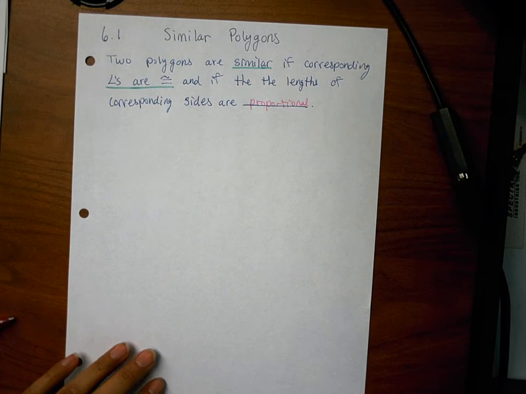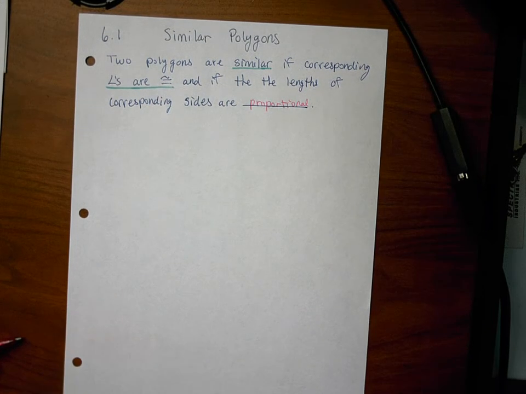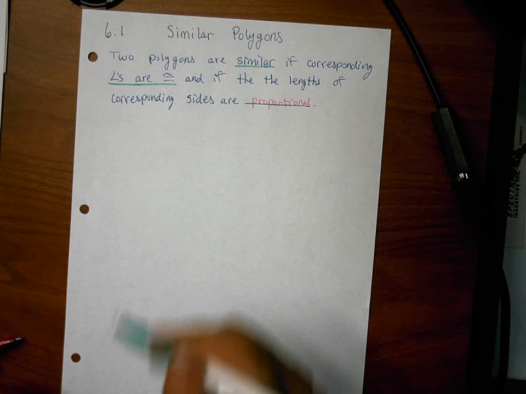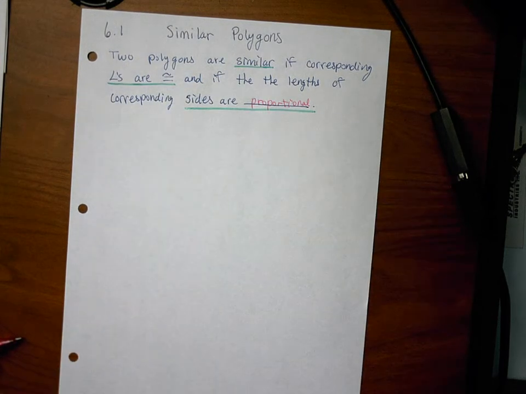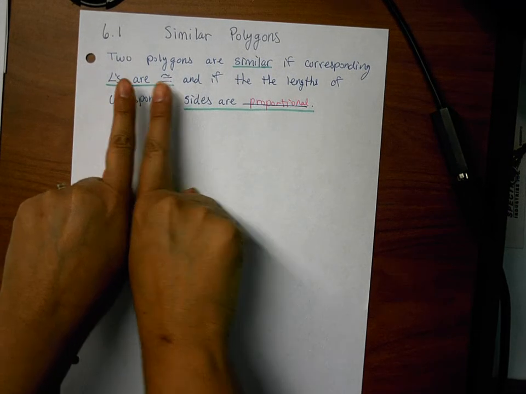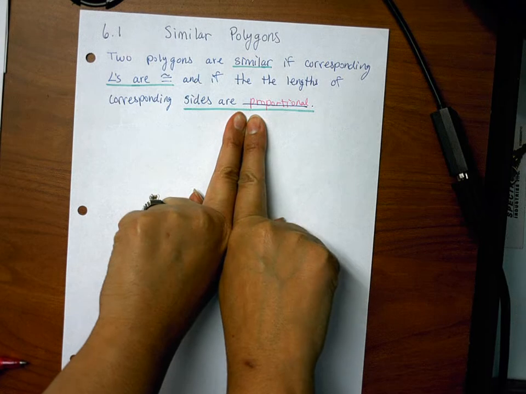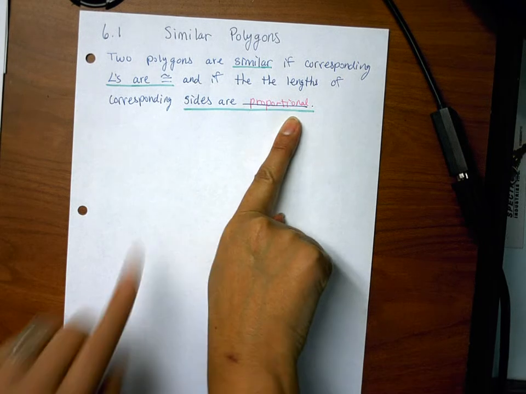So corresponding side lengths are not congruent, they are proportional. And that is important to understand. When you're dealing with similar polygons, corresponding angles are congruent, but corresponding side lengths are proportional.